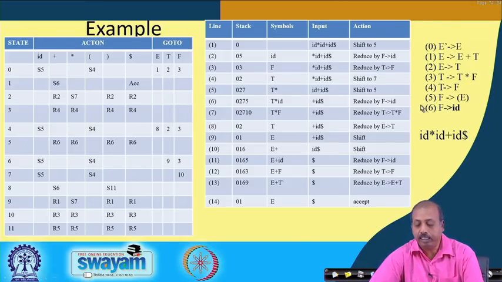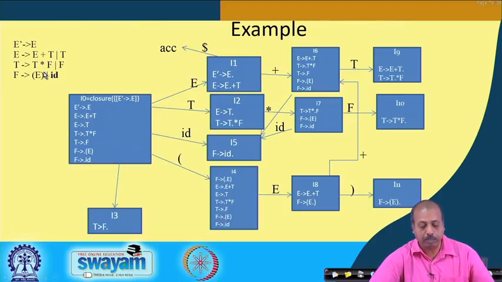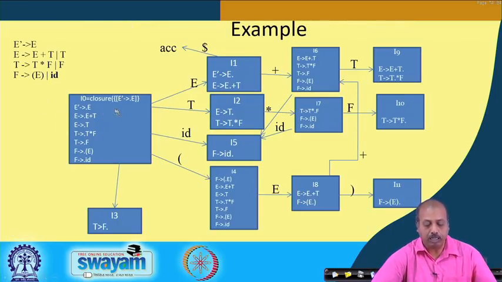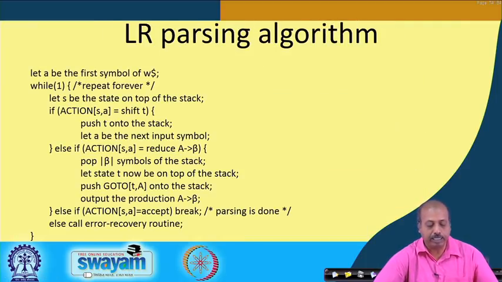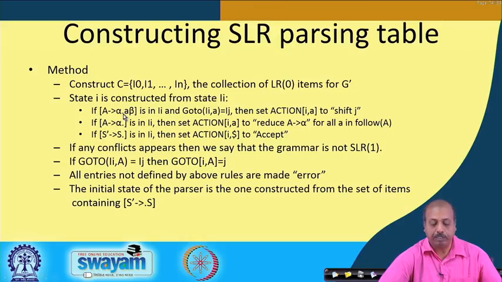On ID it will do a shift and come to state 5. If we go back a few slides, on I 0 on ID it comes to the item set I 5. Accordingly, I will add this entry in the table: shift, and the new state is 5. That is the way this table is constructed for the shifting part.